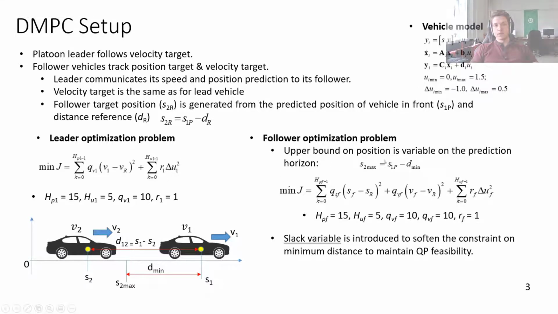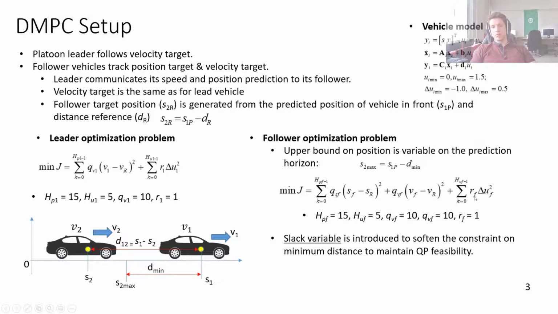In the follower optimization problem, we specify the target position for the follower, and that consists, similarly as in previous solutions, of the predicted position of the vehicle in front and the distance reference. And this cost function has three different performance indexes. It's tracking of the distance, and we also want to track the target velocity.